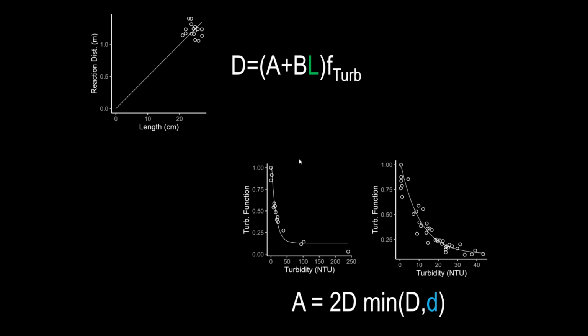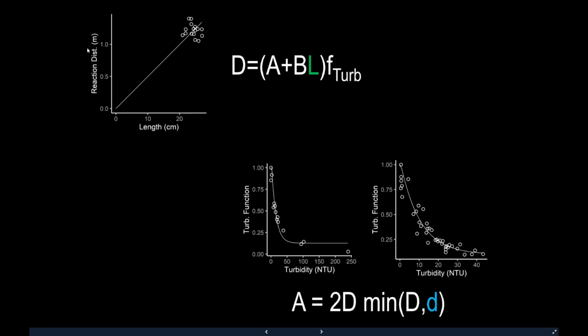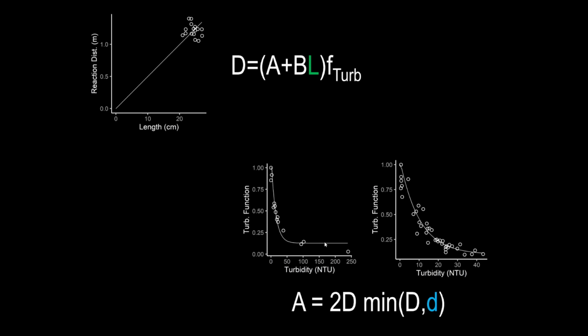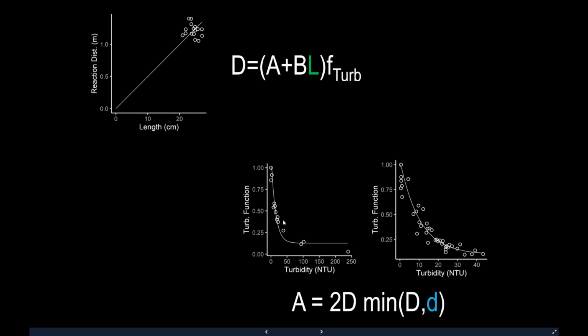Then the area over which the fish scans is a function of the reaction distance, which is determined based on the length and a turbidity function. The turbidity function is just a decaying function, seen here parameterized for steelhead and Chinook, that increases or decreases the probability of capture as turbidity increases.